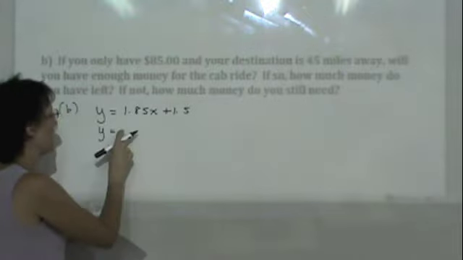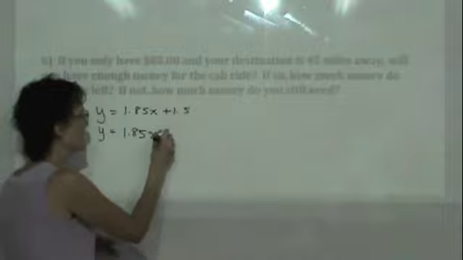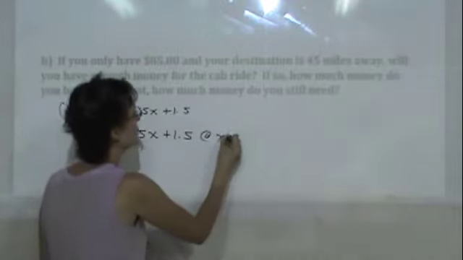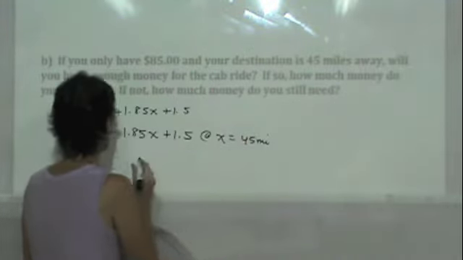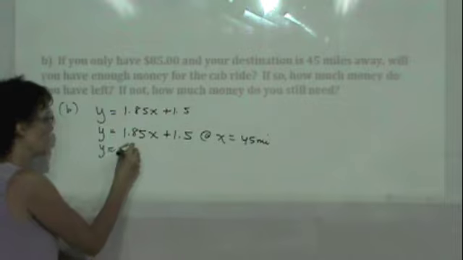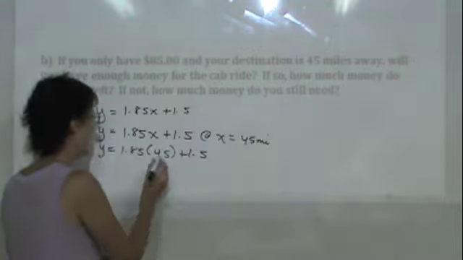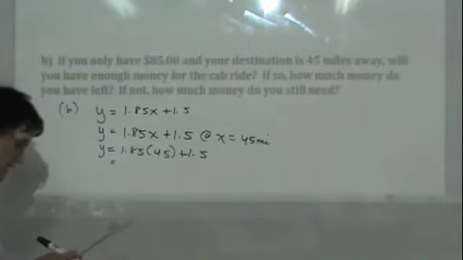You only have 85. Alright, so you could do it like a check, but I guess we'll just do it 1.85x plus 1.5. And then I'm going to say x is equal to 45 miles. Okay, so y is equal to 1.85 times 45 plus 1.5. Now you can't go over $85, otherwise you can't get there.